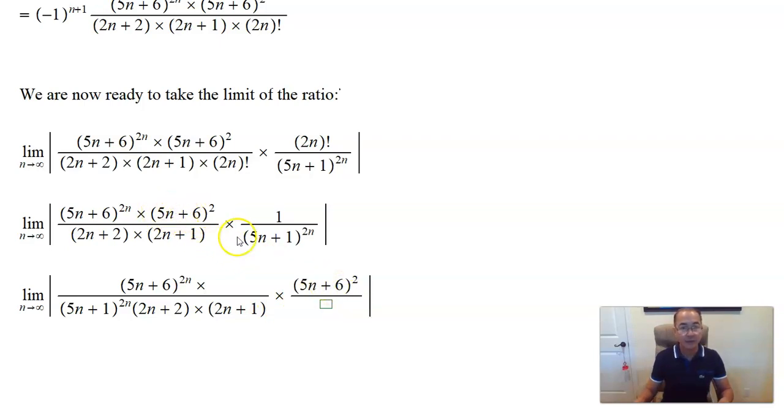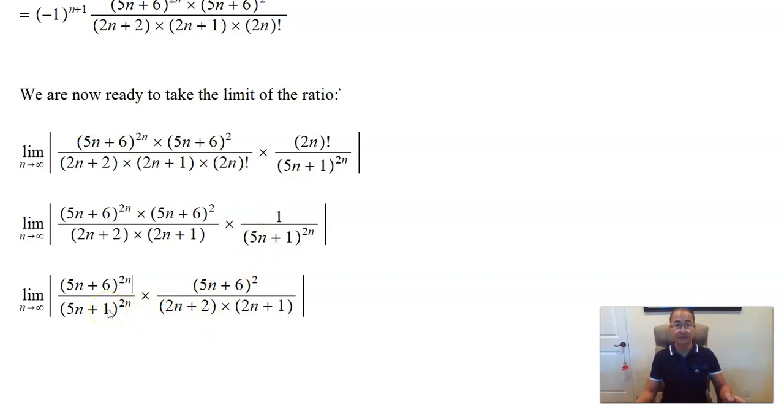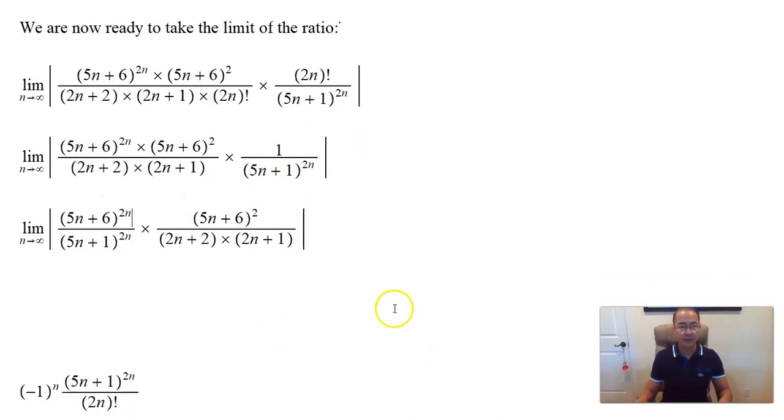So 5n plus 6 squared stays in the numerator, 2n plus 2 times 2n plus 1 stays in the denominator. I'm just rearranging the furniture. The numerator factors stay in the numerator, right there. The denominator factors stay in the denominator, right here, moves to the left.